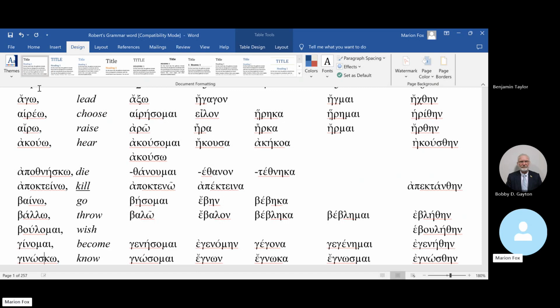That would be perfect middle. So it's a duplication. I'm going to do something here. With the my, and I don't. So I don't know what that looks like.